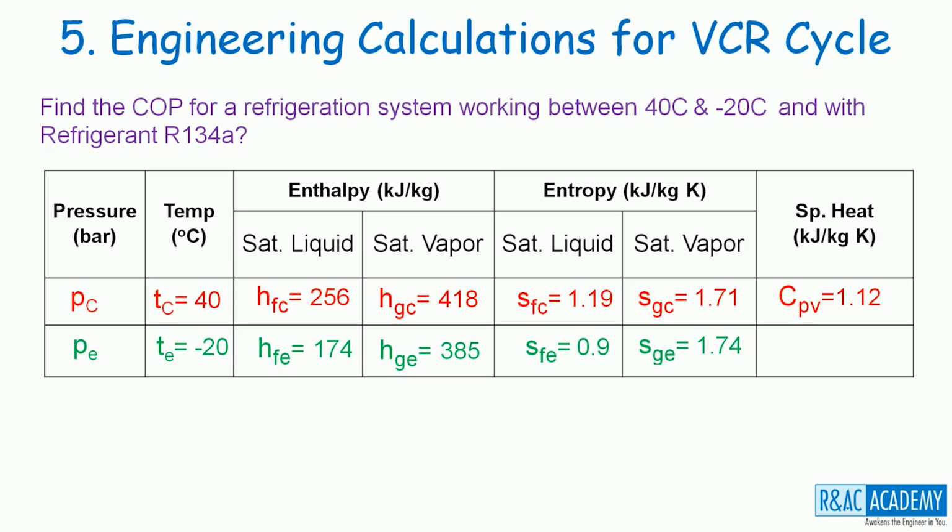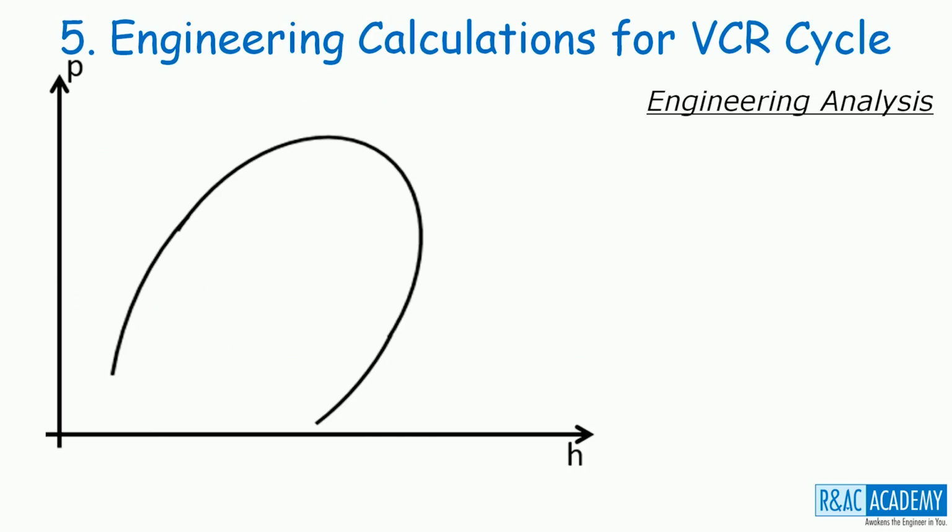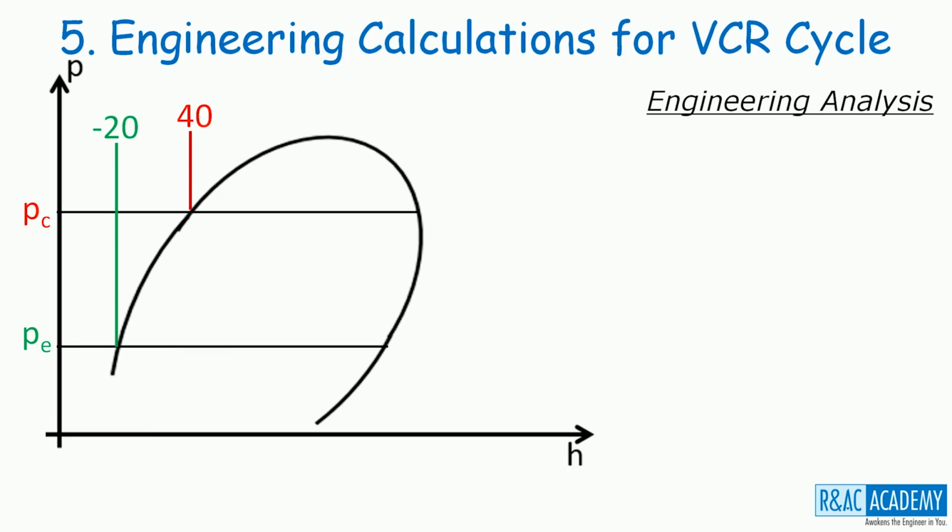Now we have populated this table. Let us now get on to engineering analysis. As usual, we have the PC, PE lines and TC, TE lines. From the property tables corresponding to 40 and minus 20, we can have PC and PE values. However, we don't need them, so I am not putting it here.